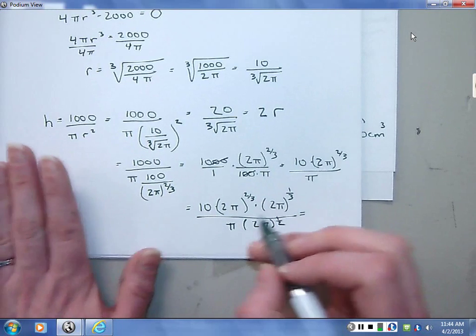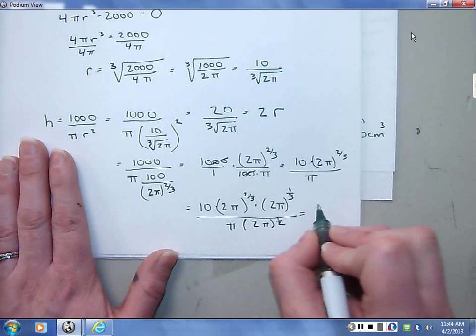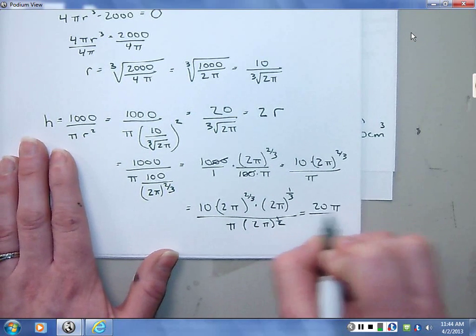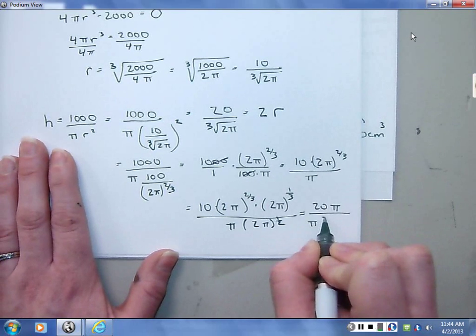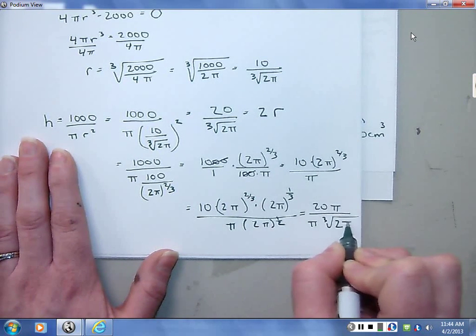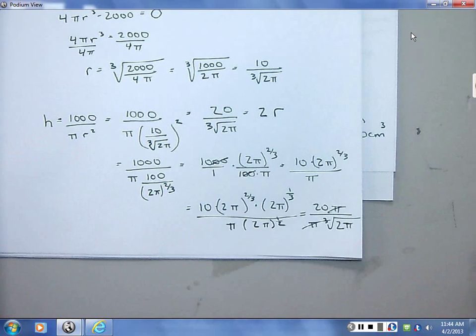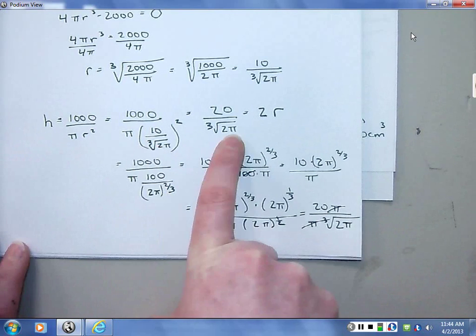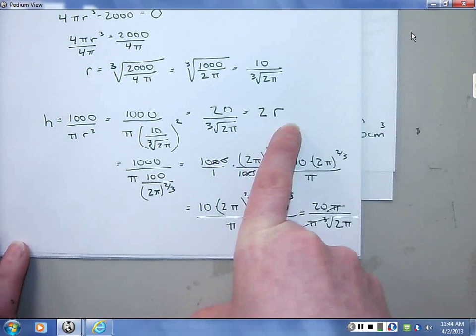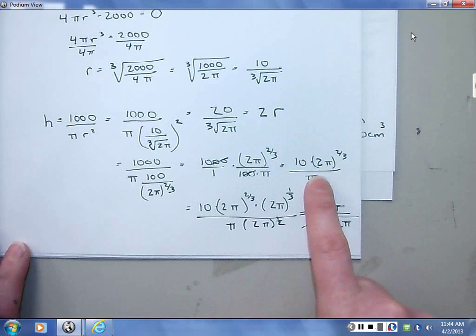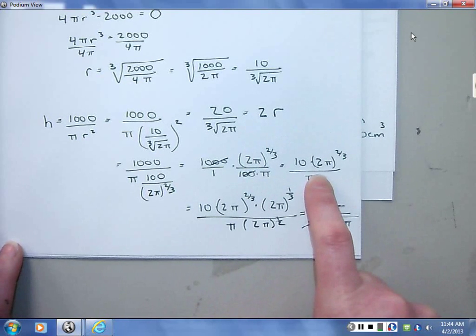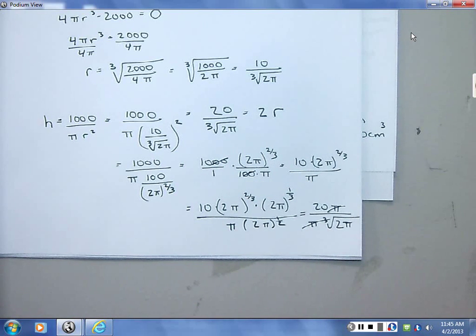So here I'd have 20 pi over pi times the cube root of 2 pi. And the pi's cancel. So I get exactly this. From here, this simplifies and it looks exactly like 2r. But if you simplified it here, you would be fine. It just doesn't look like 2r, right? But it is exactly 2r. It's just not in that form.